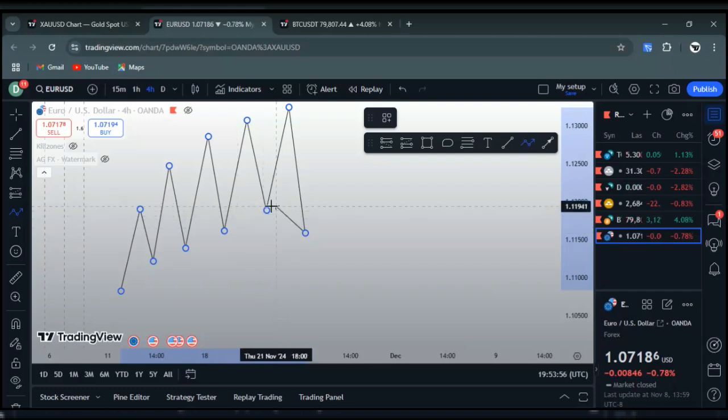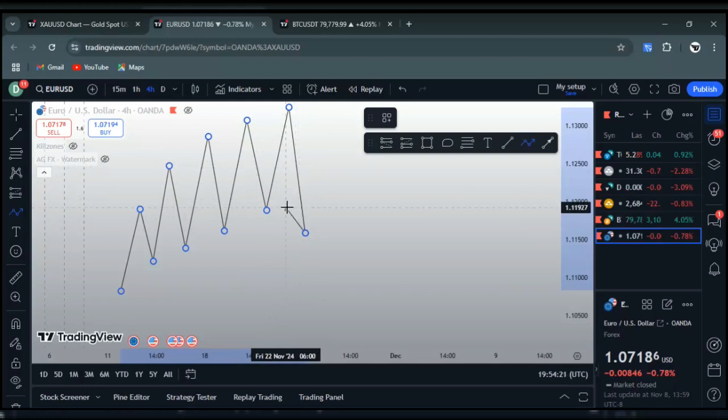But for you to know whether this change of character is valid, change of character is the change in character of the market, change in trend. That means if the market changes from being bullish to being bearish, or from being bearish to being bullish, is what we call change of character.